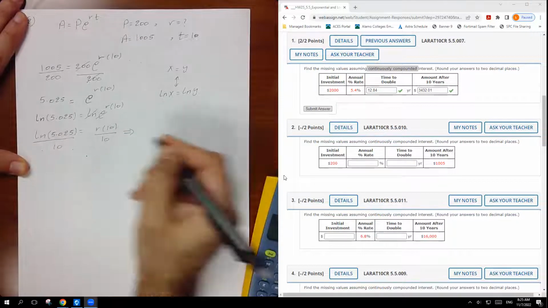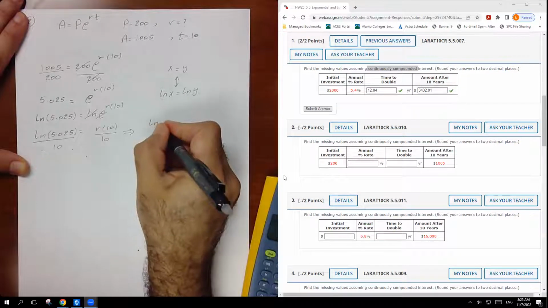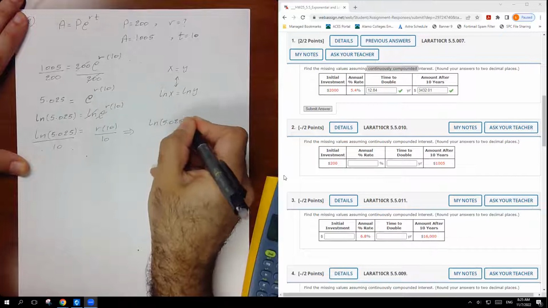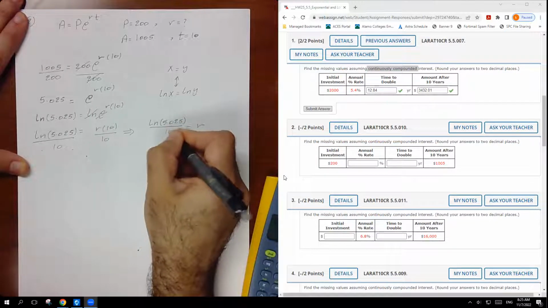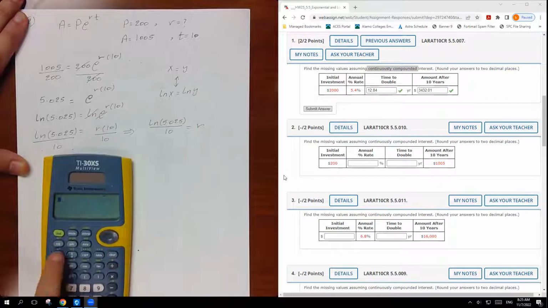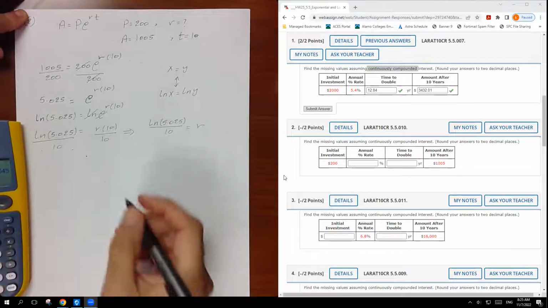Now, last step, we're going to divide both sides by 10. In this case, r is going to be equal to ln 5.025 divided by 10. Let's check how much it's going to be. Ln of 5.025, close the parentheses when you're dividing, divide by 10 is going to be 0.16144.